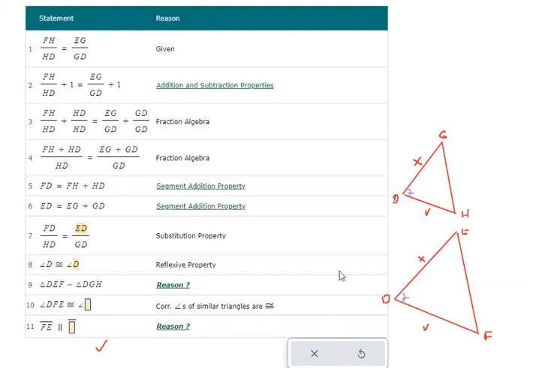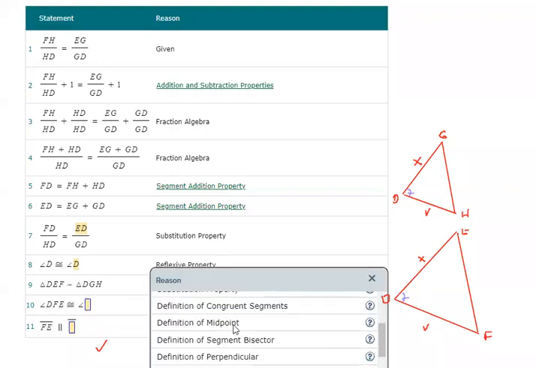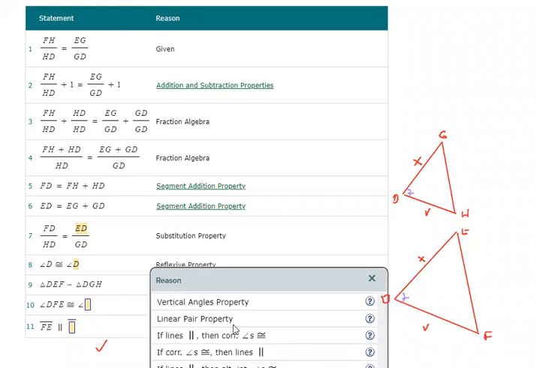So DEF is going to be similar to DGH. Actually, that was given. So triangle DEF is similar to DGH, because that is by side angle side.